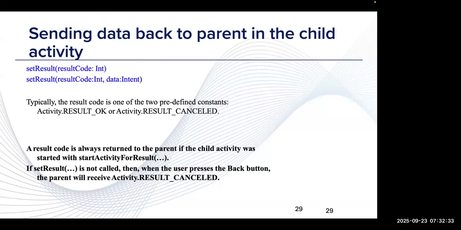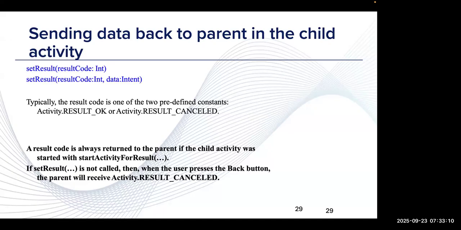Now, sending the data back to the parent activity. To do this, we have to set the result, using the result code integer, or we can also pass that data, which in this case would be the intent. Typically, the result code is one of two predefined constants: result OK or result canceled. Result OK means that something actually happened in the activity, like an event happened.